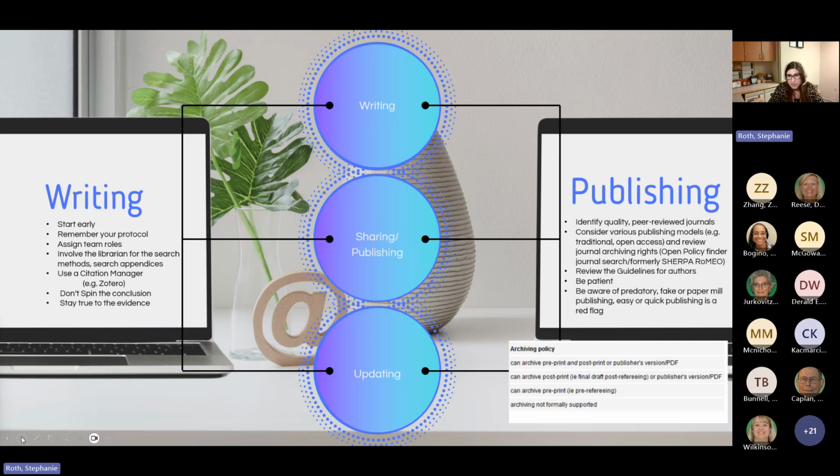And then publishing, just be aware of scam, predatory journals. You don't want to do all this work and then publish to what I would call low-hanging fruit. We always want to go for the very best that we can. If we don't get there, there's other journals that we can try to publish to. Always check your authorship rights. There's Open Policy Finder.